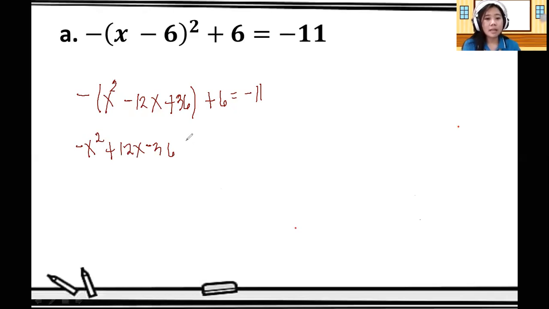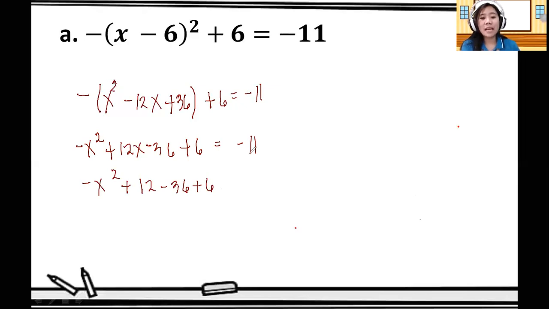Then let's add plus 6 here is equal to negative 11. Okay, nakaka-follow po? Okay, so now let's simplify the equation. So negative x squared plus 12x minus 36 plus 6. Okay, so, di ba we need to equate it to our standard form?